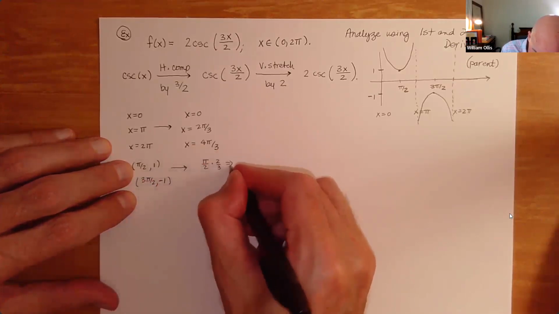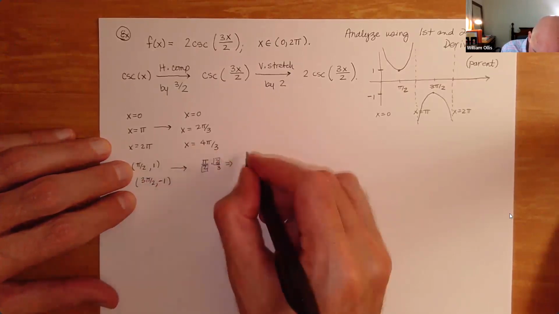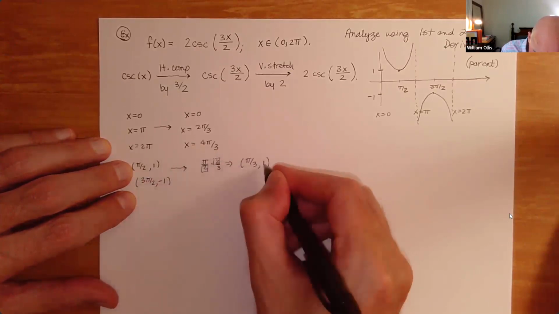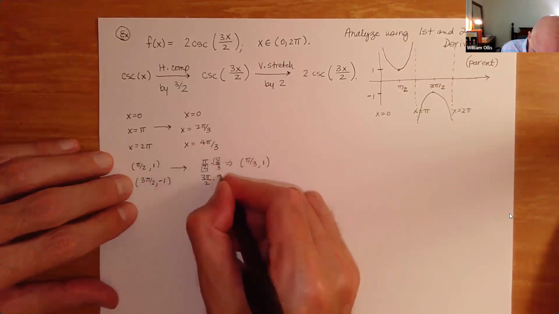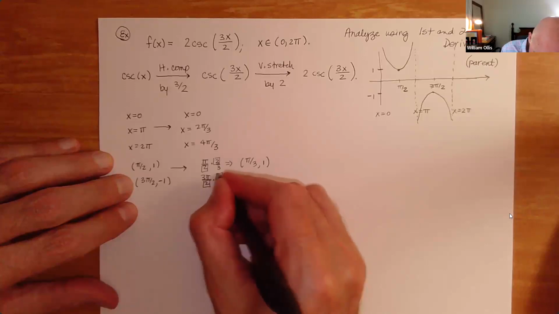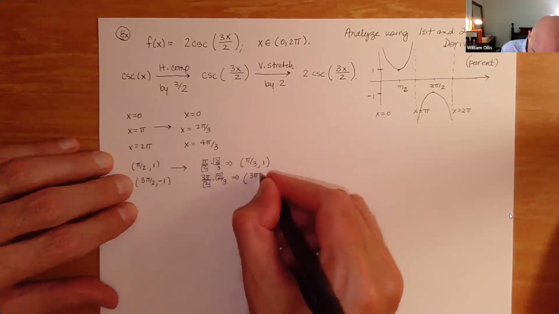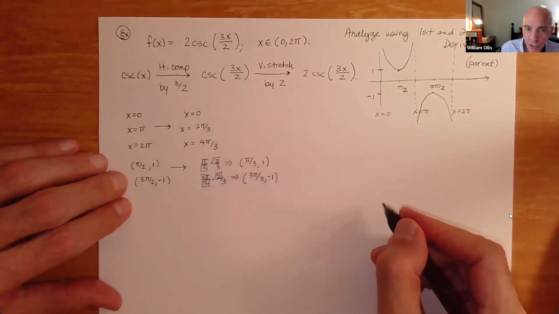So this implies, in this case, the 2's absorb. So we get pi over 3, 1. And here we have the 3 pi over 2 times 2/3. The 2's absorb. And we just get 3 pi over 3. And I'm going to keep writing it that way so we all have 3's in the denominators. That'll make it a little bit easier to do the arithmetic.